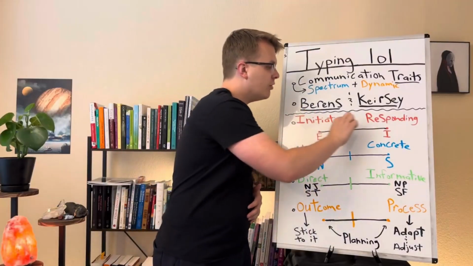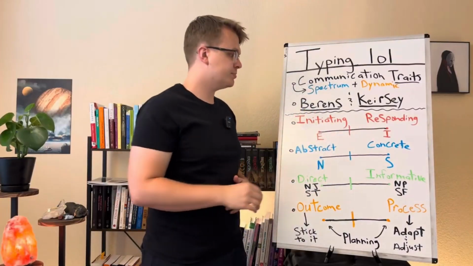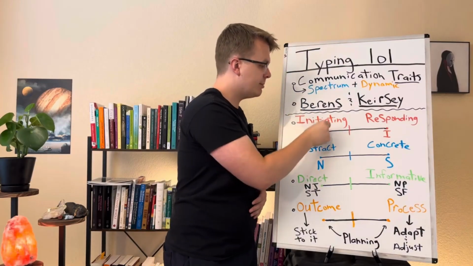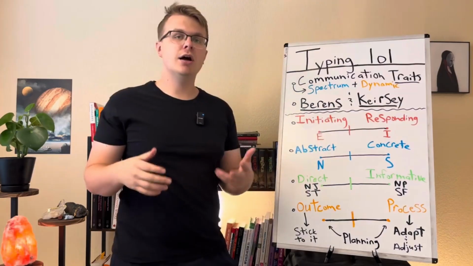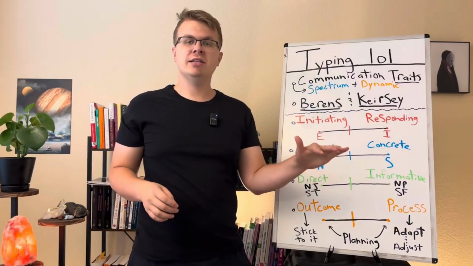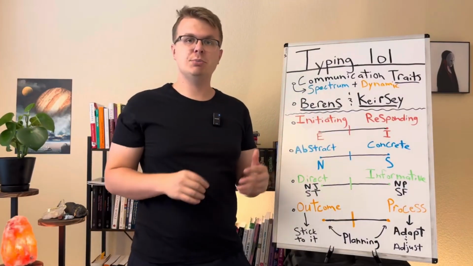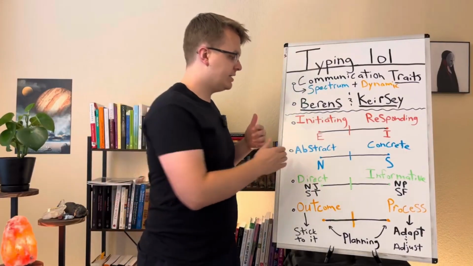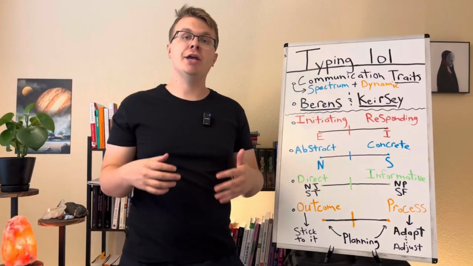If you put all 16 types on this spectrum, not all the extroverts are going to be at the very end. Some of them will be dotted along. There's that element of different extroverts and different types, but also your nurture and what you've been through affecting how you communicate.